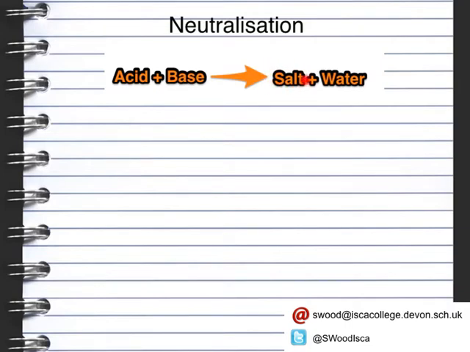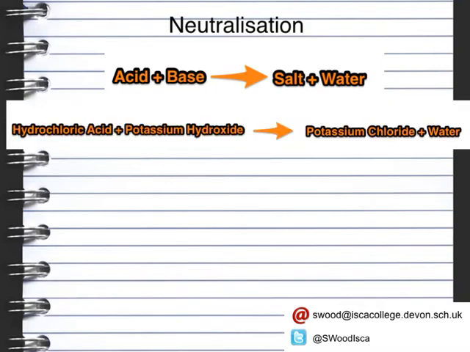So we're not just referring to table salt that we have at home, and then we have water as well. If we have a look at an example, we've got here hydrochloric acid, which is obviously the acid, reacting with potassium hydroxide, which is our base, and we're making potassium chloride, which is our salt, and then we've got water.